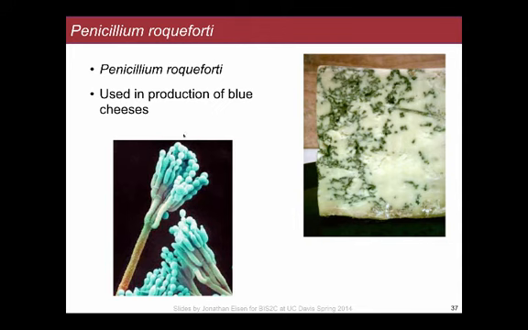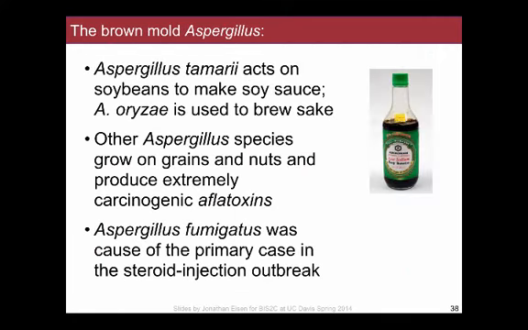It's got these blue conidia, and so the Penicillium fungus is what's growing inside the cheese, producing the blue parts of the cheese that some people like, some people don't like. And then I mentioned this before too, but there are a lot of other species of fungi, not just the Penicillium group, that are used in a variety of food fermentation or production.